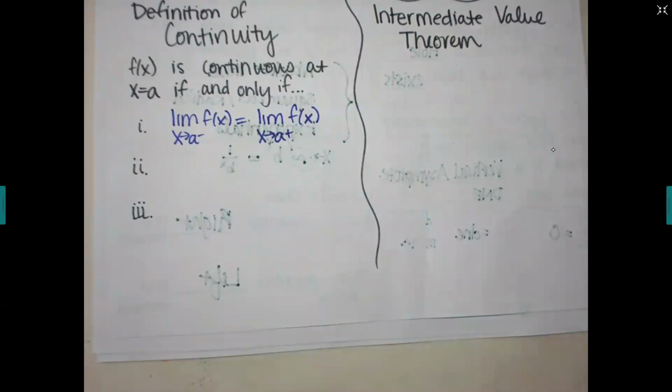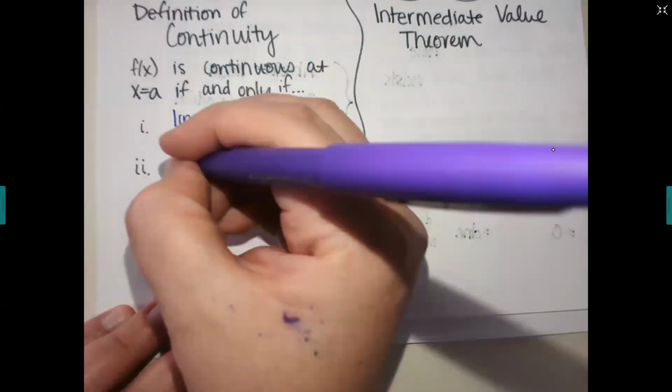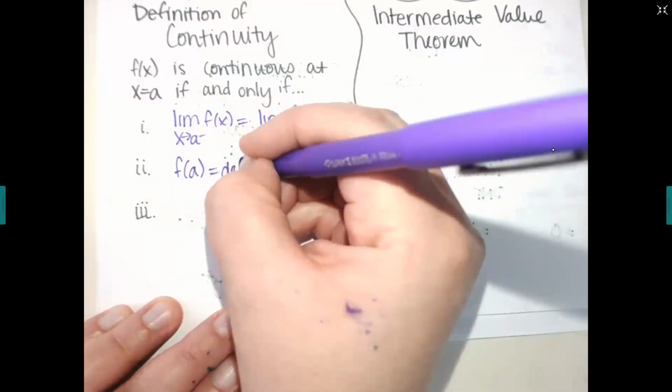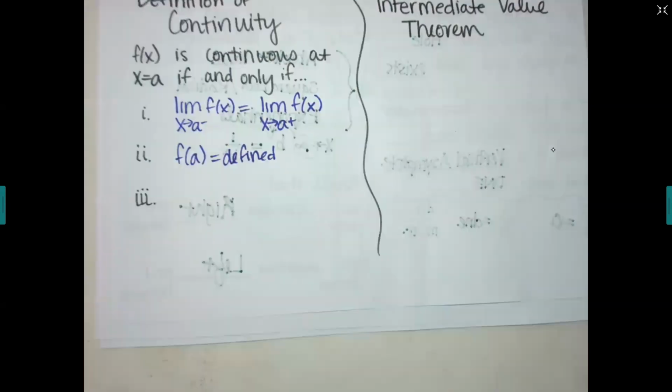But if they do come out the same, the next thing that I check is my y value. I have to get a number. It has to be defined. On a graph, I'd be looking for a closed circle for the y value. Then the third step is that my limit and my y value need to be the same as each other.